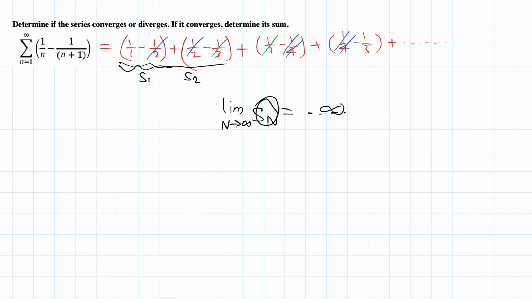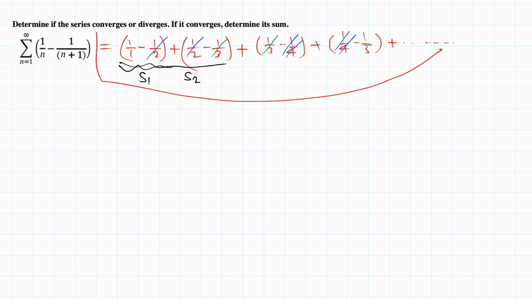So we need to determine the nth partial sum. That means the sum of the first n terms, where n is any number. It's a generic number n, maybe 10 or 20 or 1 million, we don't know. From here, we just saw that. This is just the scratch work now, we don't need this anymore.